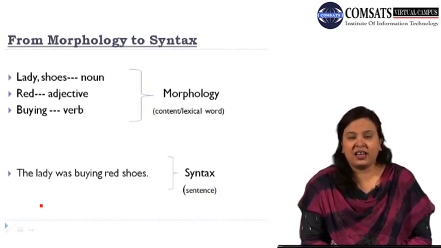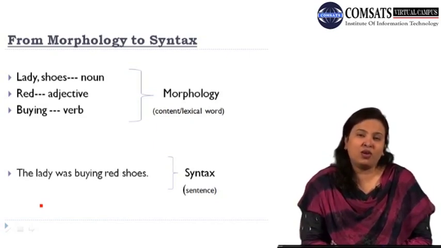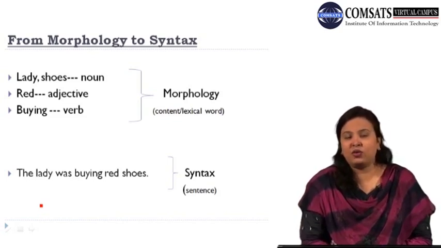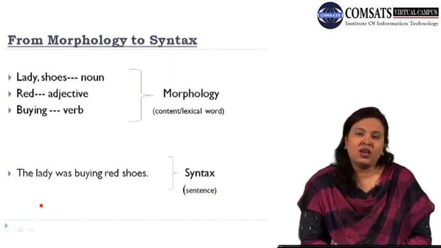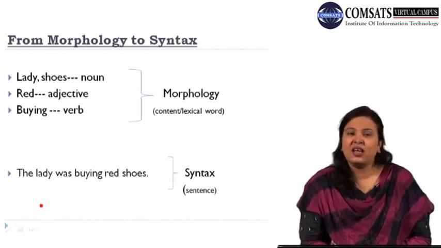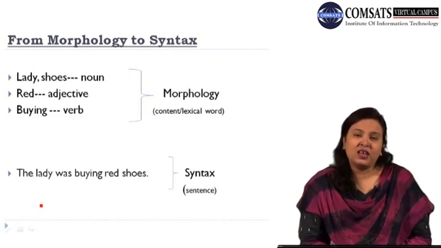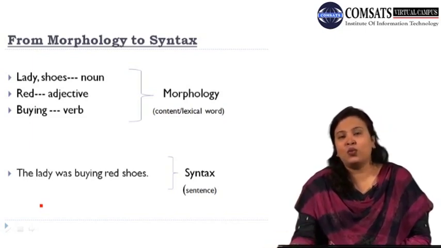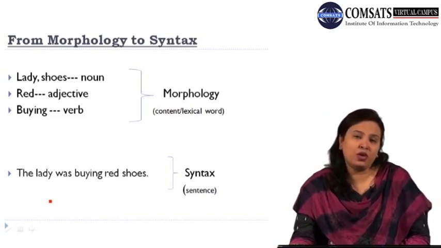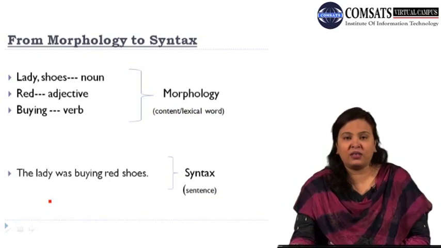This is a sentence made up of individual bits of information called words. So when words are arranged in a certain order to create phrases or sentences, the study of that arrangement and patterning of words in sequence is known as syntax. Syntax is concerned with the combination and arrangement of words in certain sequences.